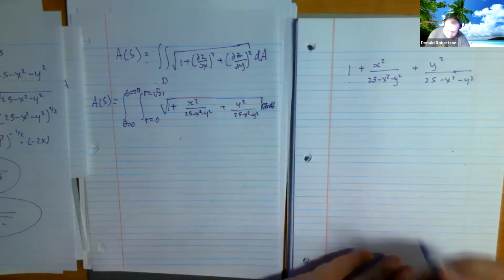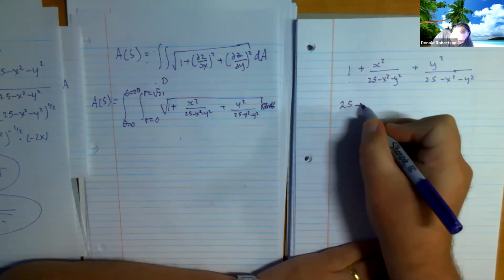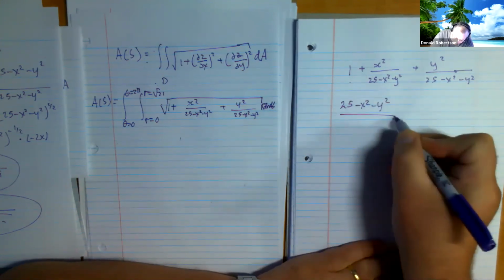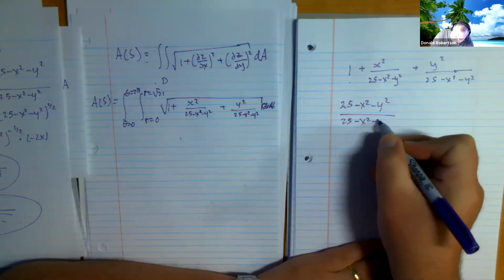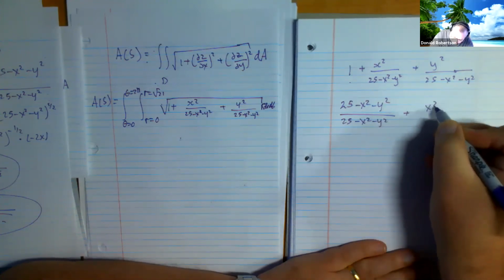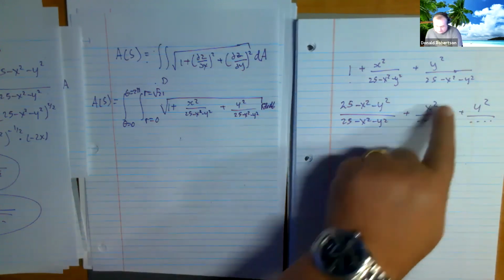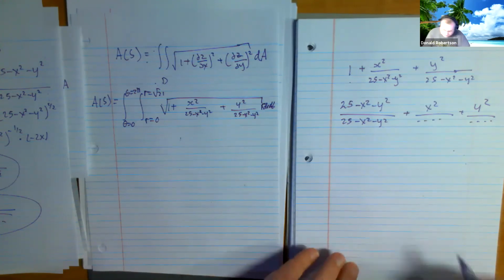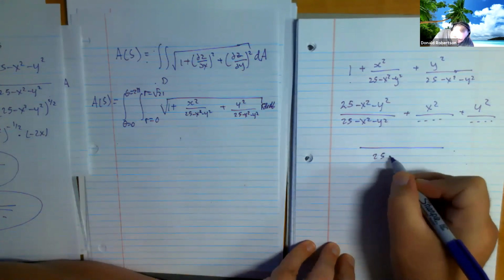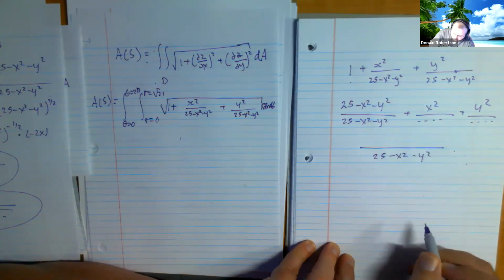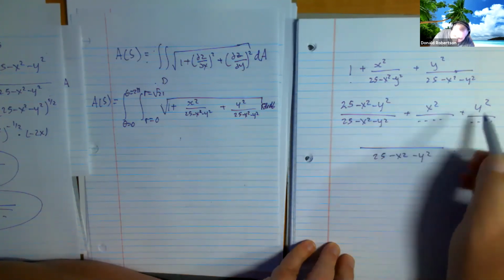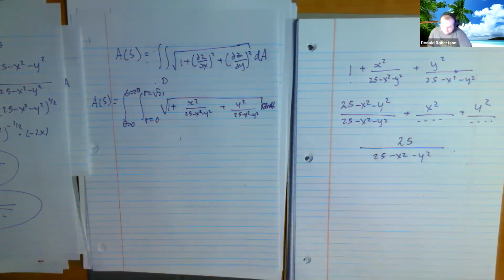That means this number 1 is going to become 25 take away x squared take away y squared over 25 take away x squared take away y squared, plus this guy, plus that guy. Dot, dot, dot is the same thing, right? I just don't want to have to write it all the time. Which means I can now combine them into one fraction. This plus this gets me 25. It's a little bit nicer, right? A little bit. Let's make it polar.